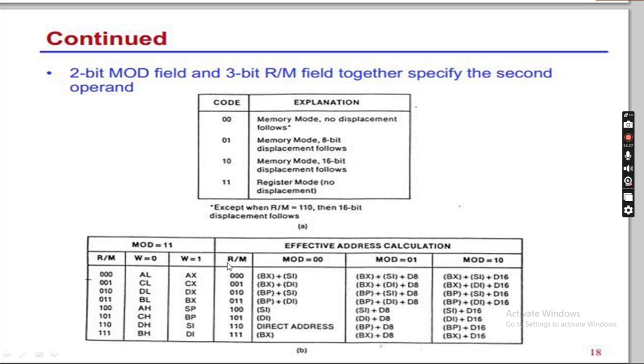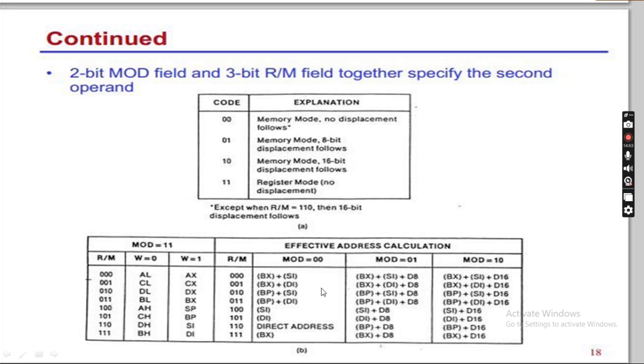When mod is equal to 00, it doesn't have any displacement, but it tells memory mode. Whereas 11 is register mode. Mod 01 is 8-bit displacement, D8. Mod 10 is 16-bit displacement, D16.